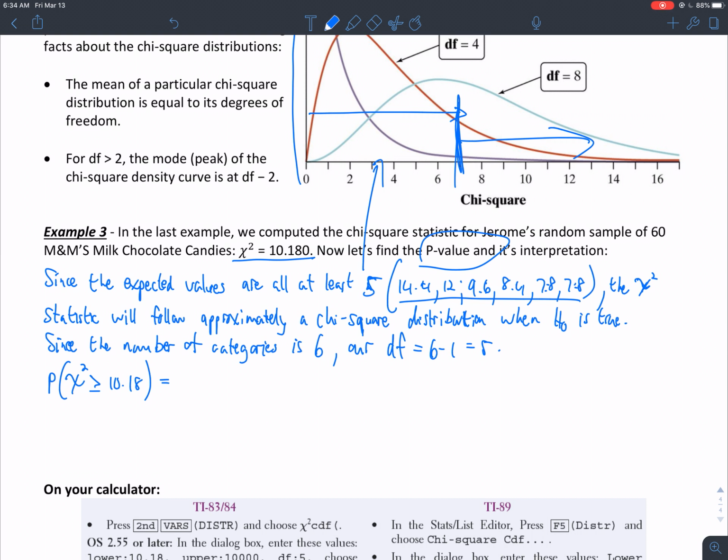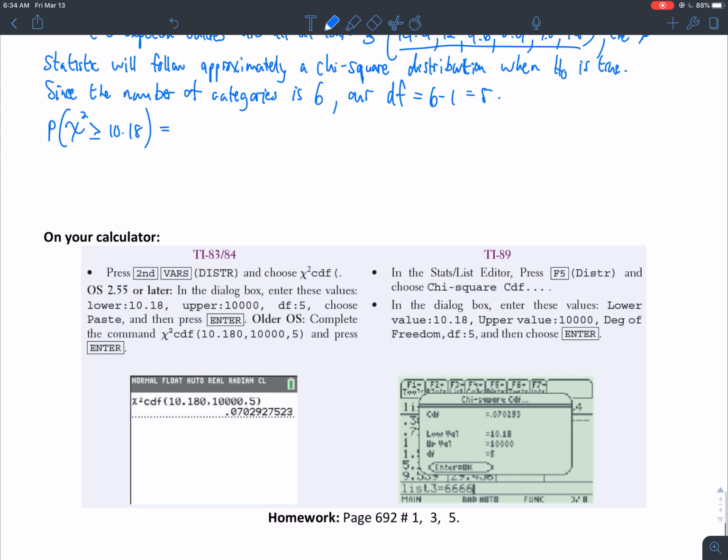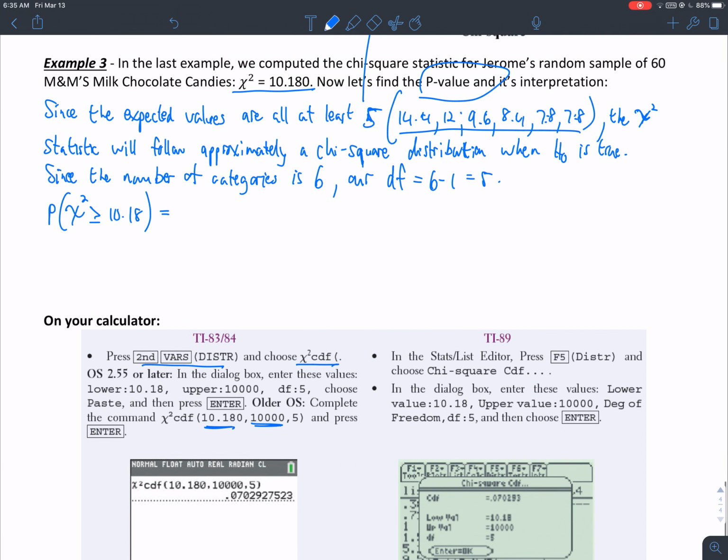And this is on your calculator. It's called chi-square CDF. You go second distribution, and chi-square CDF is there, and you always enter the lower bound, and a good upper bound is 10,000. That's why we've been doing this all year. Then you put your degrees of freedom.